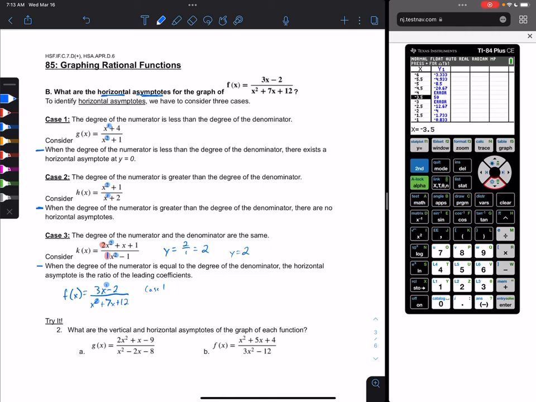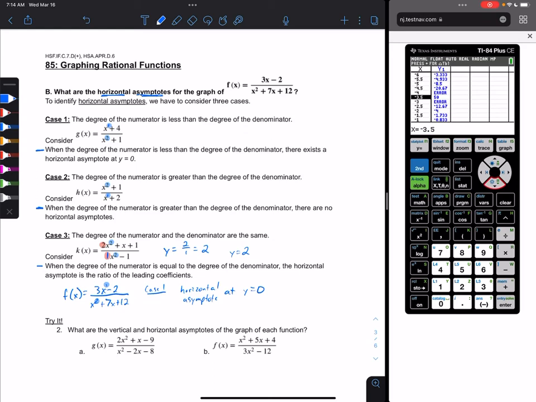So the numerator is less than the denominator. That means that there is a horizontal asymptote at y equals 0. Again, you don't need to memorize the cases. I'm just always going to reference them so we can go back to our notes and know which one we're talking about. So the horizontal asymptote would be y equals 0.